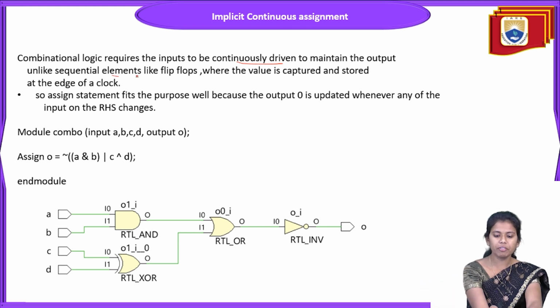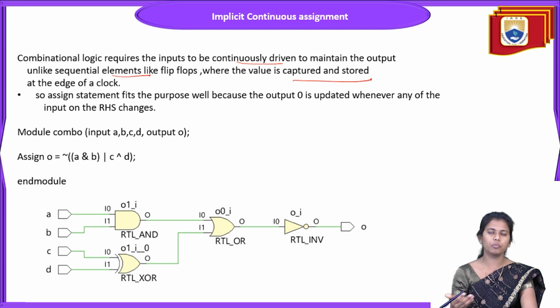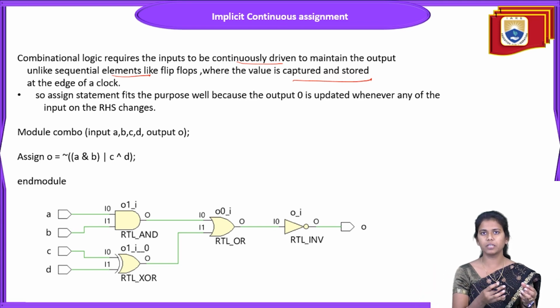Unlike sequential circuits like flip-flops and latches, where the values are captured and stored in registers, in combinational logic circuits the input bits are continuously driven to the output without any delays or stagnation.